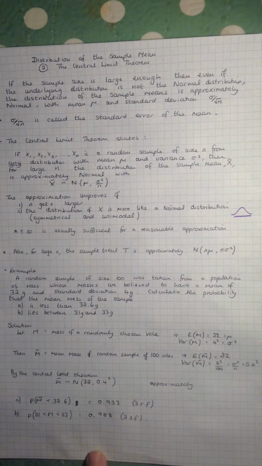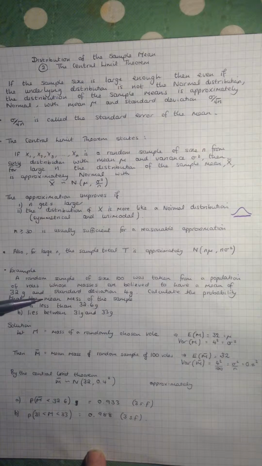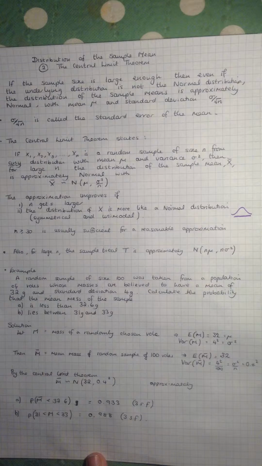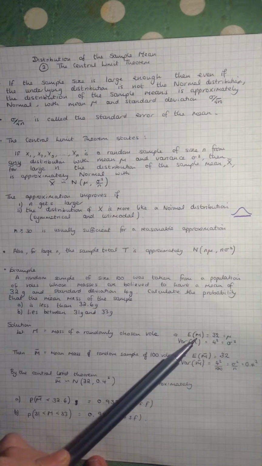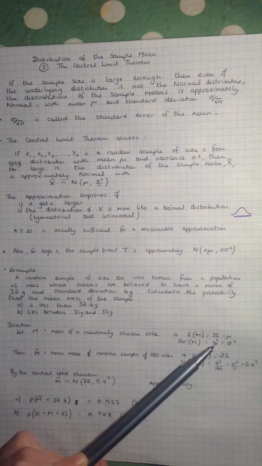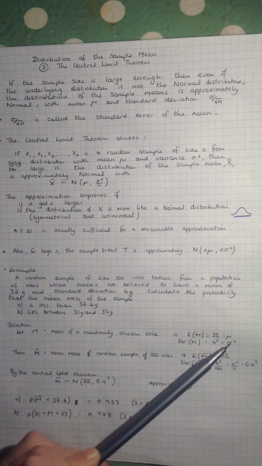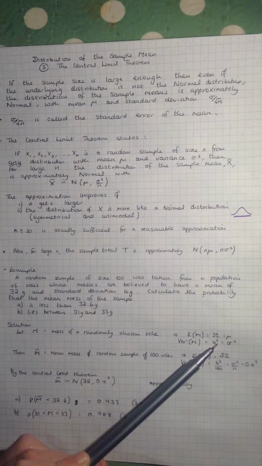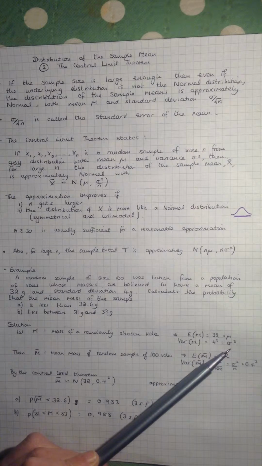We need to find the distribution of the mean. Using the central limit theorem, because we've got a large enough sample size, we know that E of m, the mass of voles, is 32, which is our mu, and var of m is 4 squared, or 16, which is our sigma squared.